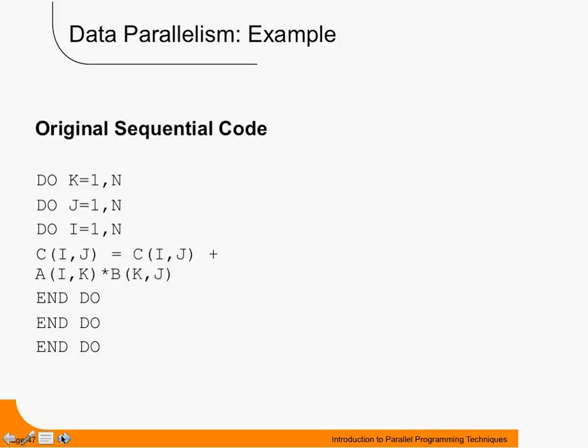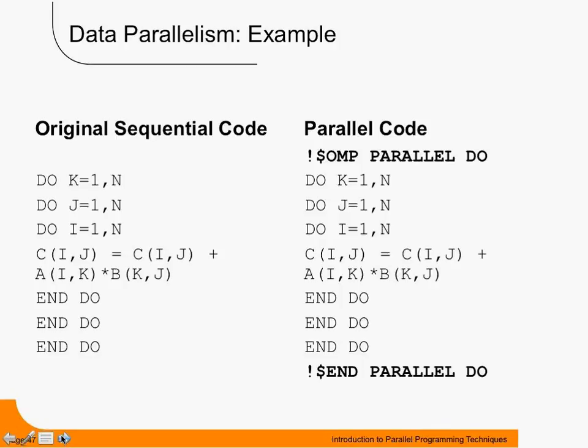So, an example of data parallelism. I want to do a matrix multiplication. As you see, A, J, and I are the indexes, and starting from here is my loop body. So how can we convert this sequential code into parallel code? You can see it's really easy.